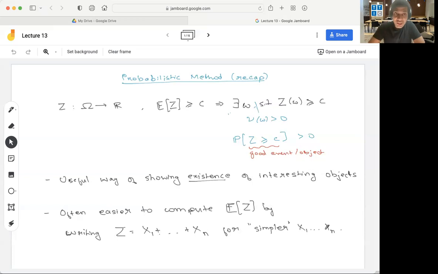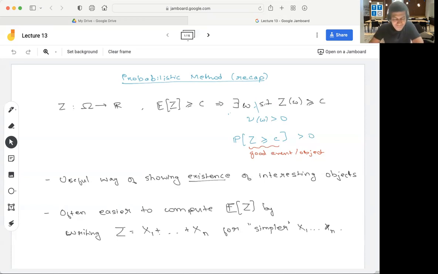And in some cases, we still don't know of really good objects which we can show exist, but we have no idea how to actually construct them. So the probabilistic method is a powerful way of showing existence, sometimes even a little too powerful, because it lets us prove existence of all kinds of good stuff, and we have no idea how to actually find them.